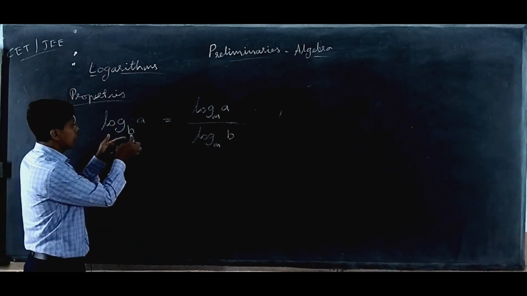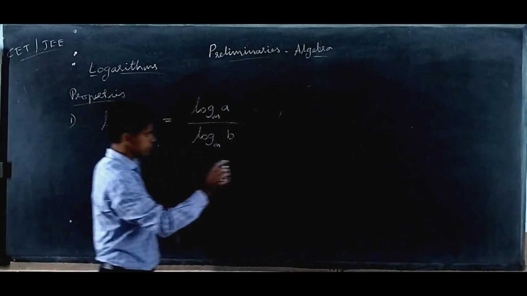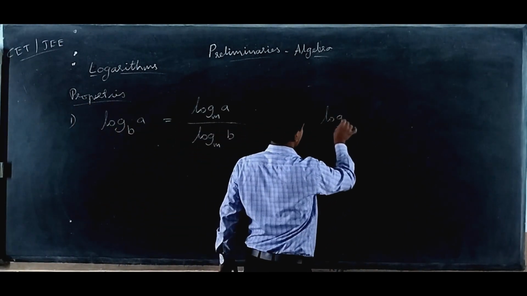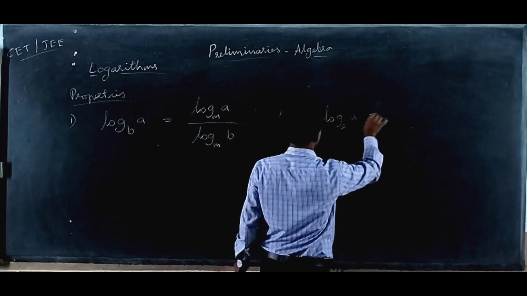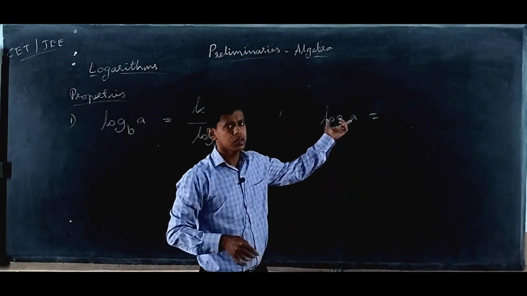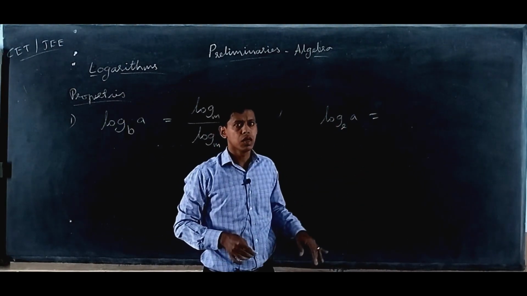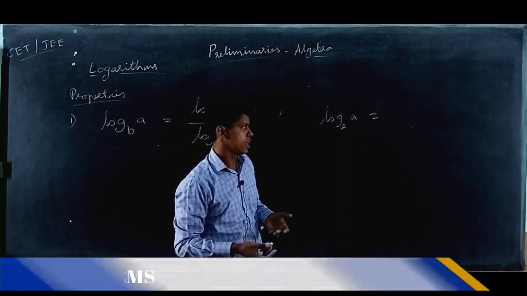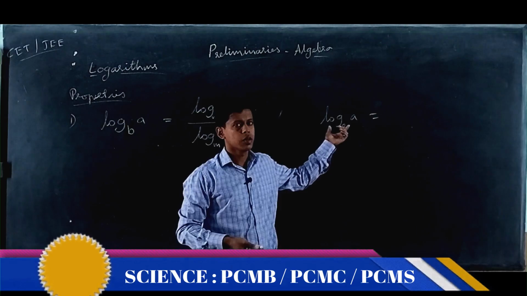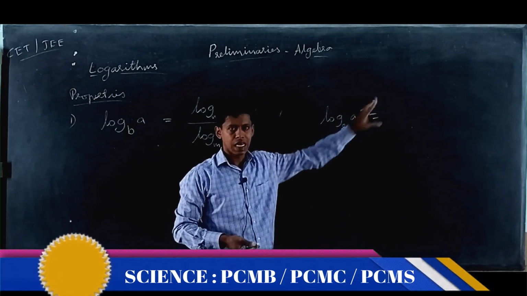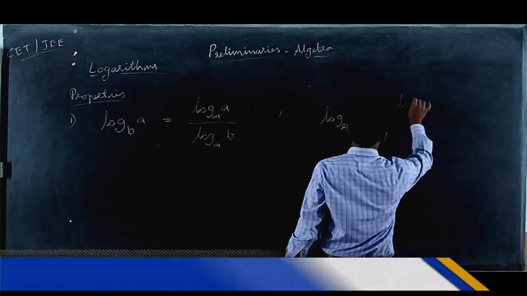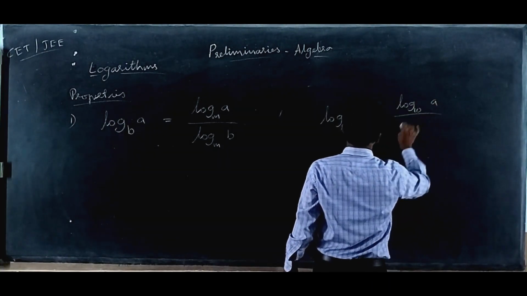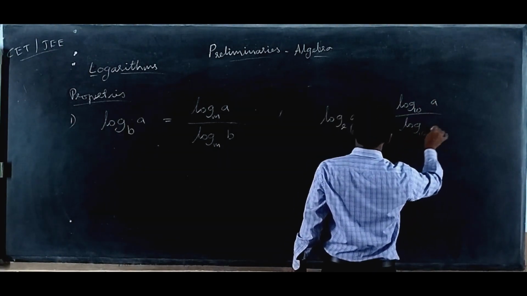For example, if you have e here, so you have natural logarithm. Now you do not know the value of this, and you have only a common logarithm table given to you. So how do I find it? Sometimes you can find the values directly if you convert to common logarithm. So I take the base 10, and this is also 10.